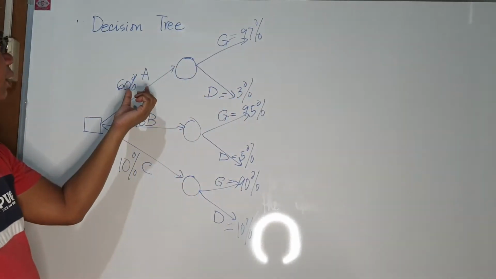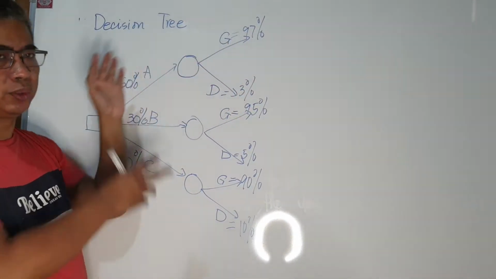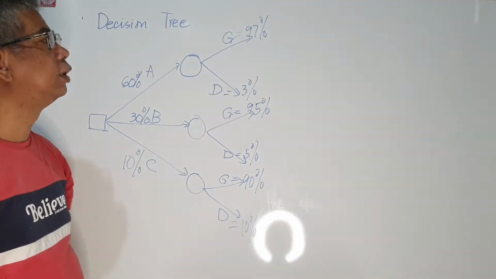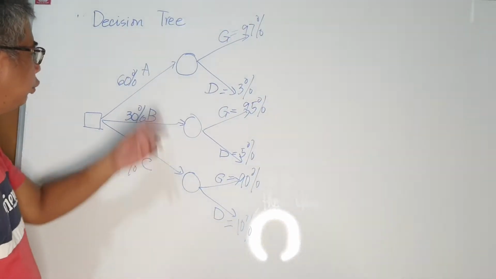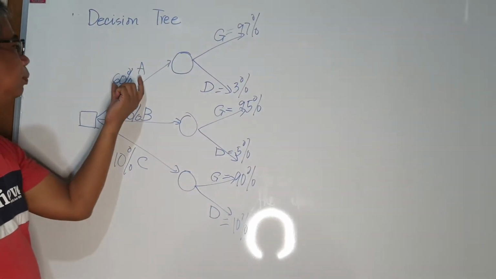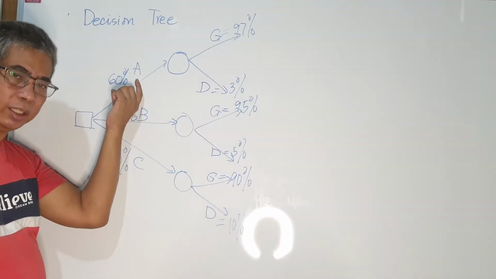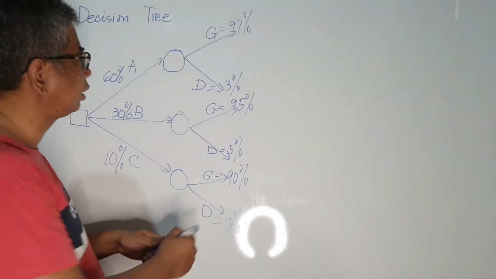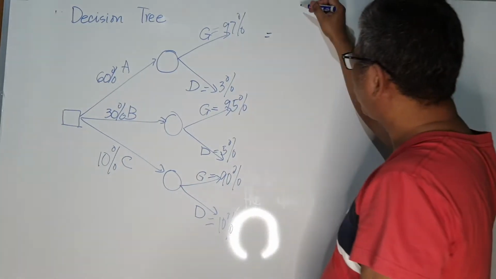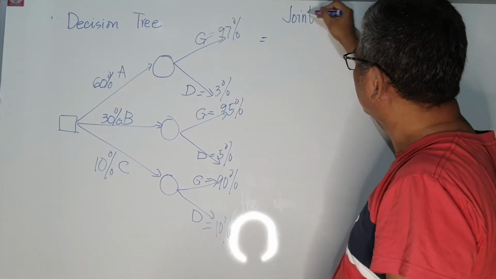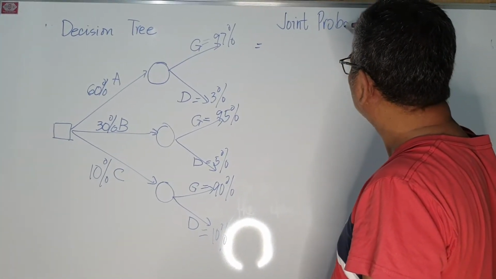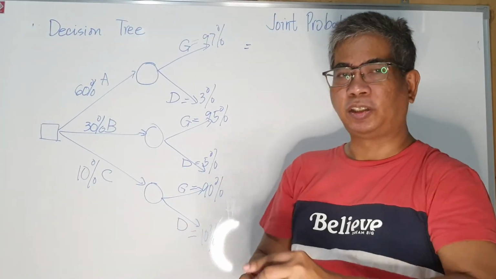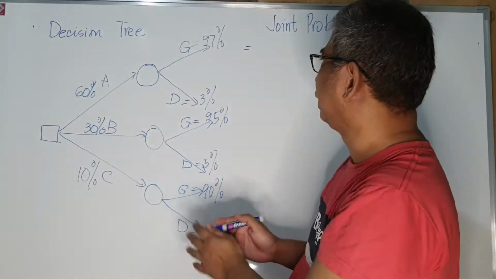Kasi galing sa A, nag-produce ang A, so there's a 97% chance na ang na-produce niya ay good. Okay? So, we multiply the marginal probability and the conditional probability to get what we call joint probability. So, these are the information that you can extract in a decision tree.